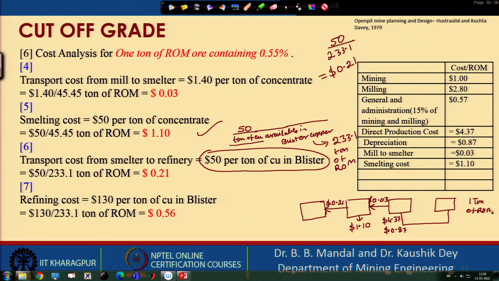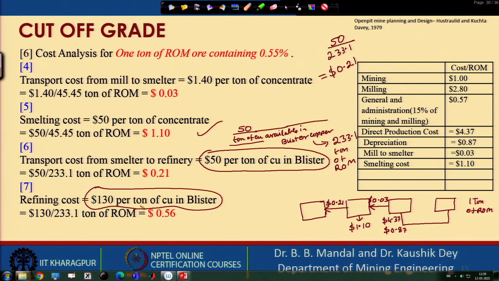All this cost calculation we are carrying out to see what is their impact on processing of 1 ton of ROM. So, this is the transportation cost for 1 ton of ROM. Now, from 1 ton of ROM, whatever we are getting here is 8.58 pound of copper, and the refining cost is given as $130 per ton of copper in the blister.